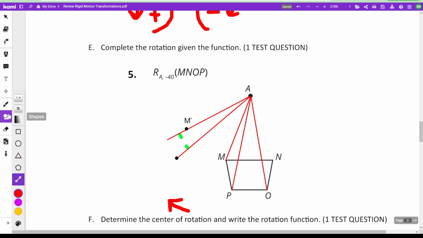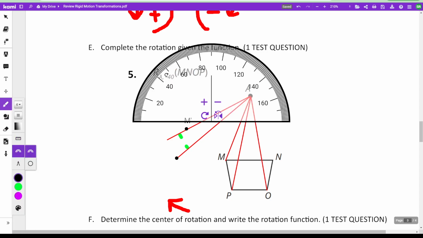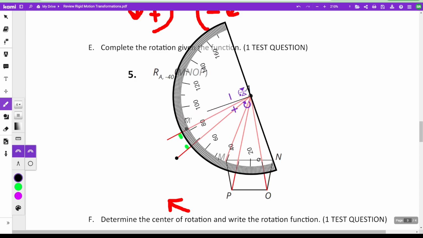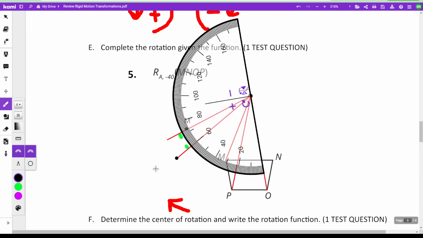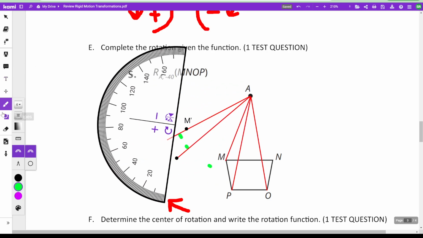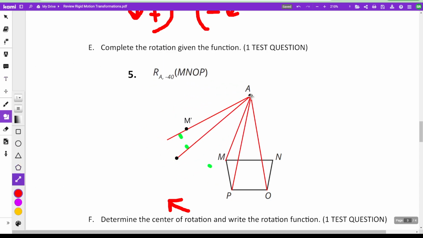Grab my protractor. Mark off 40 degrees. Draw a line to that mark I made. Grab my ruler.